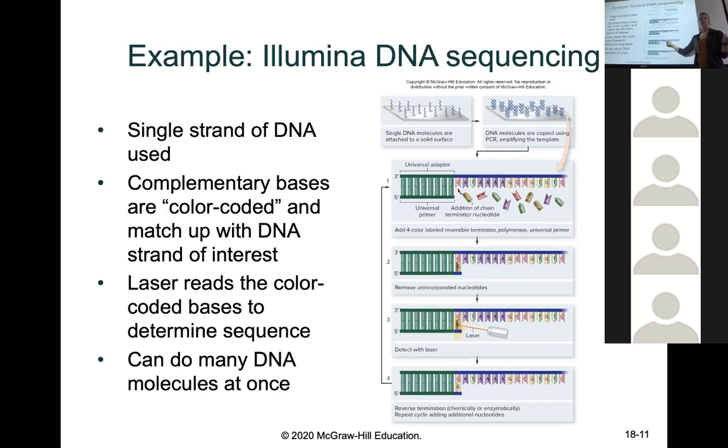Then they can see what the complementary base would be, and they know the sequence of that DNA pretty simply and pretty quickly. They can do a lot of DNA molecules at once. They don't have to just do one or two. So it's a really effective way to do it. They just look at what bases are added, and that gives you the genome sequence. So that is Illumina DNA sequencing.